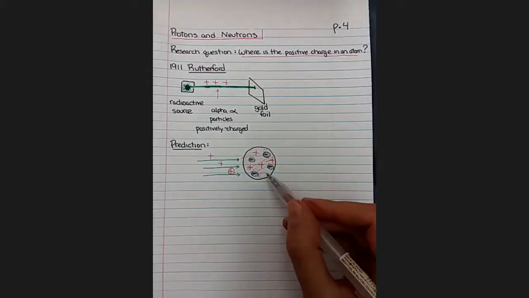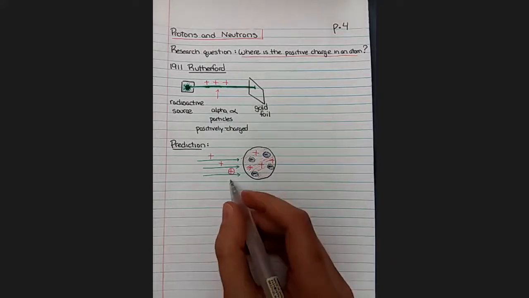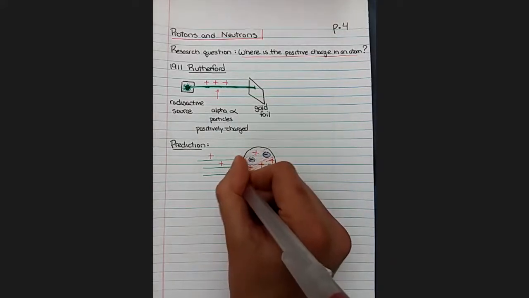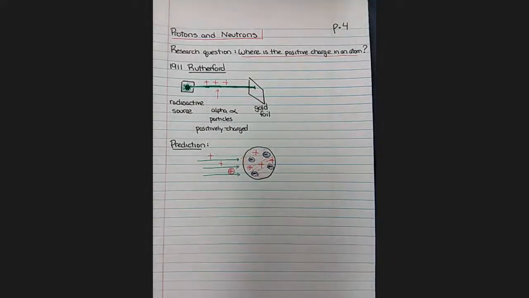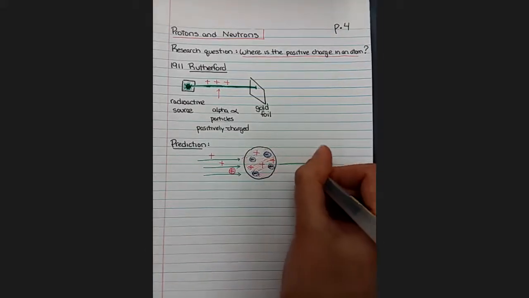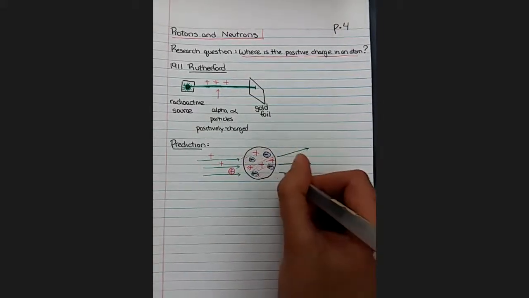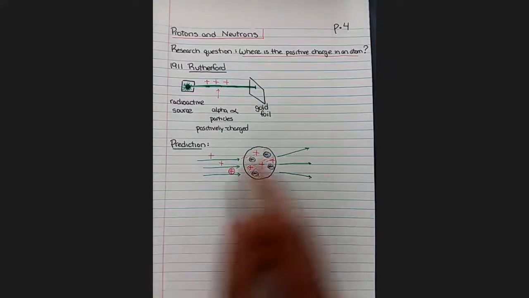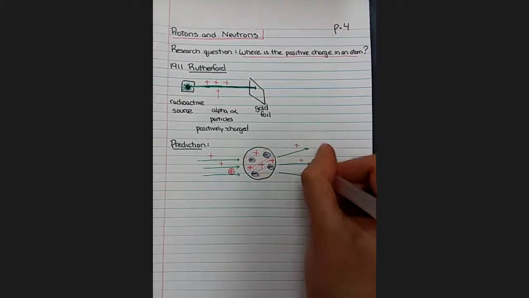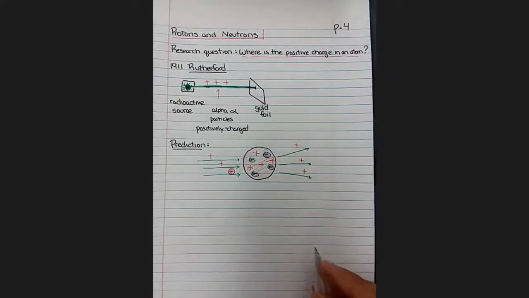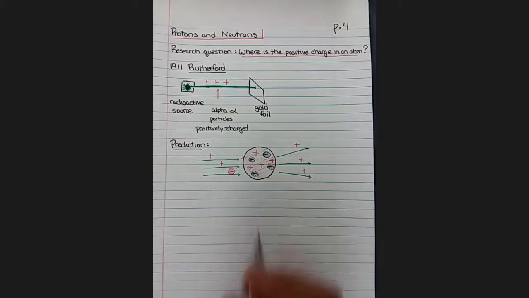Since this charge isn't very dense, and this charge is, the alpha particles will likely pass mostly straight through. They might be deflected a little bit, maybe like 15 degrees out to the side or something. But this is not a very highly positively charged atom, and so we didn't predict there was going to be much of a deflection.